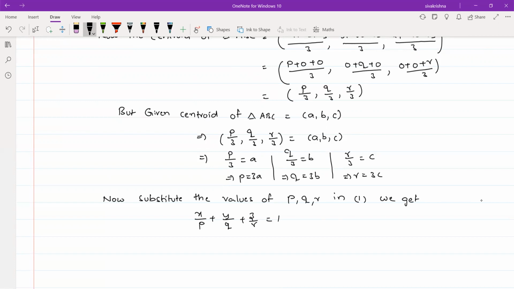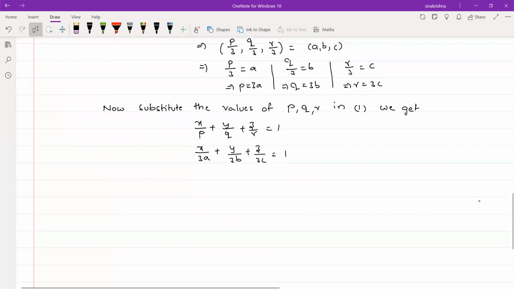In this equation we have to substitute, in place of p 3a, in place of q 3b, and in place of r 3c. So x by 3a plus y by 3b plus z by 3c is equal to 1. We have to take 1 by 3 common on the left side, so that we get 1 by 3 into x by a plus y by b plus z by c is equal to 1.